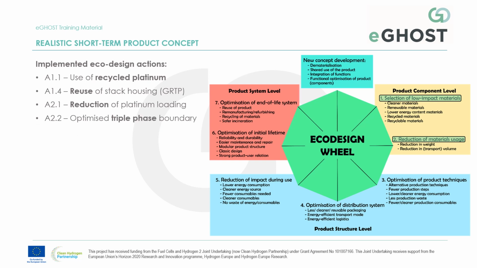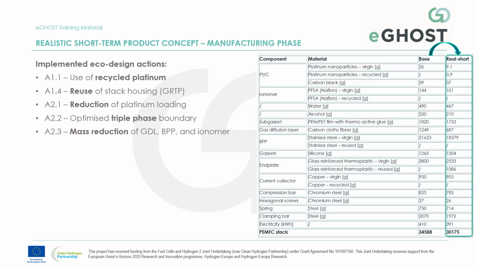This basically means that we have improved the efficiency of the stack. And we have the mass reductions of the gas diffusion layer, bipolar plates, and the ionomer. Then we defined a new inventory. As you can see from the base case, we have new values for the realistic short-term concept.